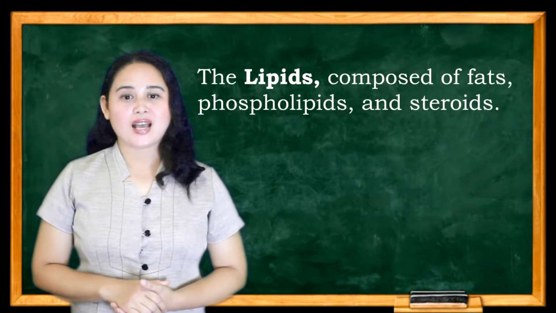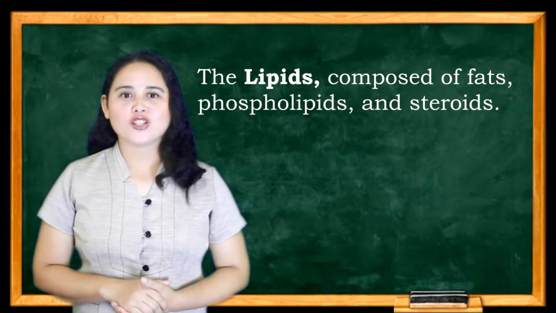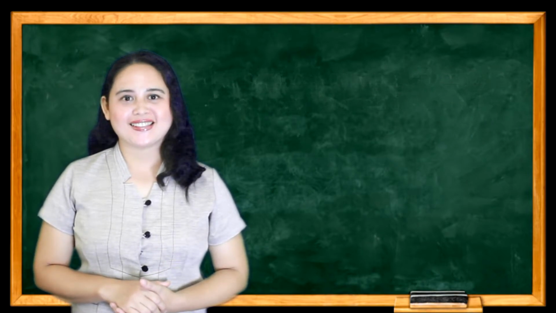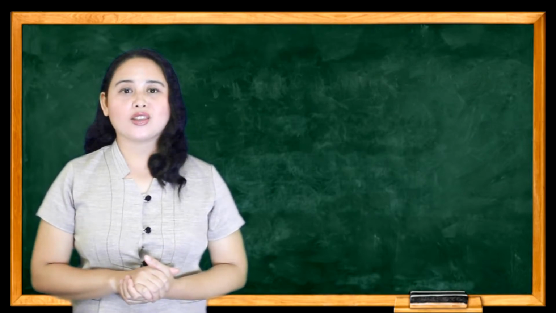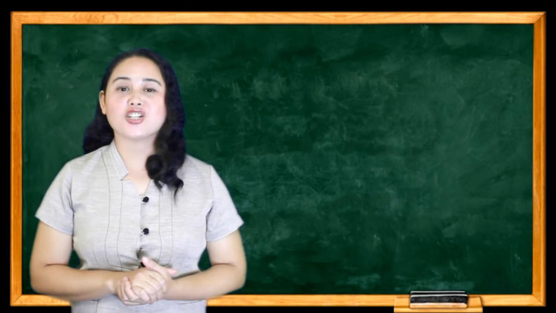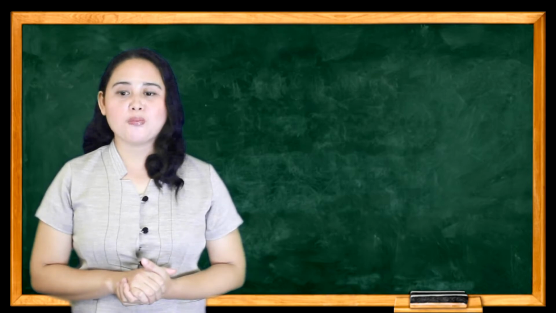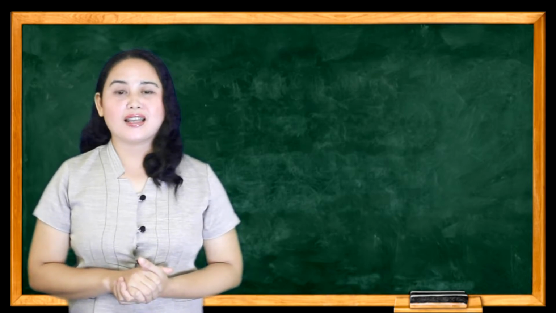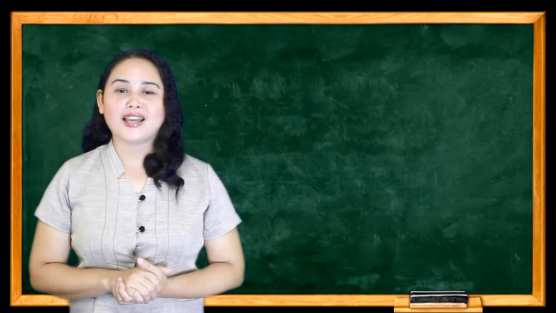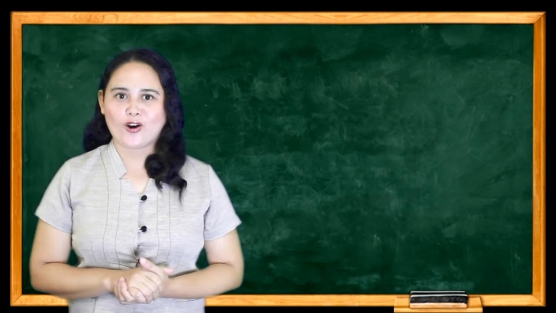The lipids are composed of fats, phospholipids, and steroids. Fat is stored in adipose tissue, where it also serves as a thermal insulator. Phospholipids are complex or compound lipids containing phosphoric acid, in addition to fatty acids, nitrogenous base, and alcohol.